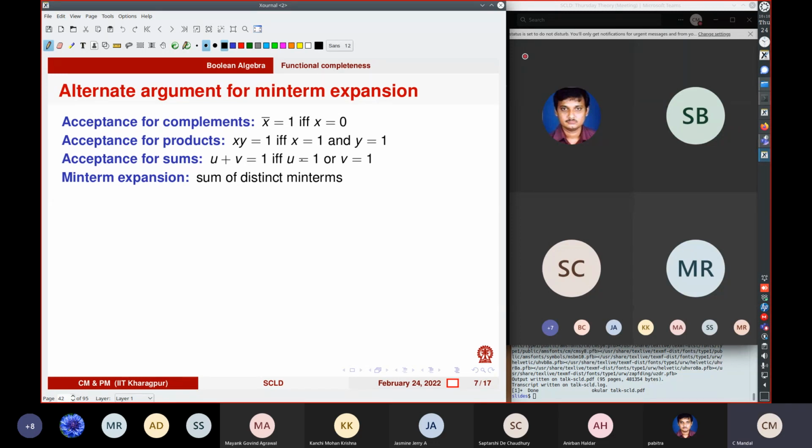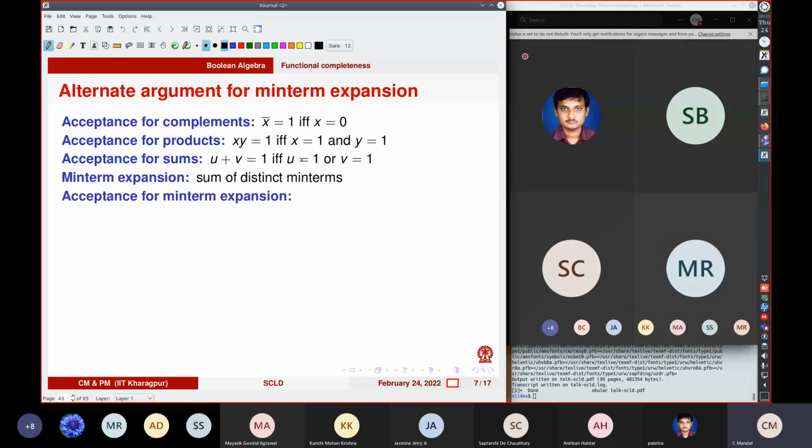Now, min term expansion is of course a sum of distinct min terms. So what's a min term? A min term is a product of literals.